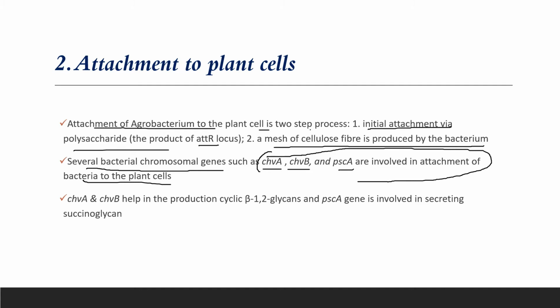So these are the 3 important genes, A, B and A, for the attachment of bacteria to the plant cells. Also chvA and chvB help in the production of cyclic beta-1,2 glucans, and the pscA gene is involved in secreting succinoglycan. So these 2, production of glucans and succinoglycans, are involved in the attachment to the plant cells.